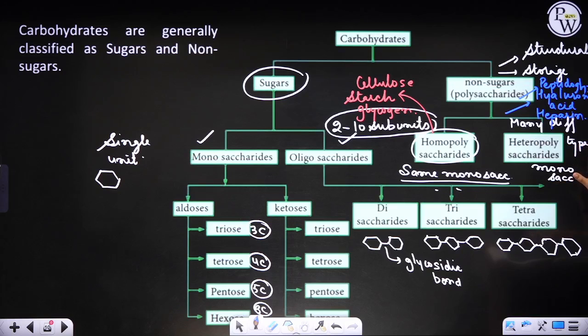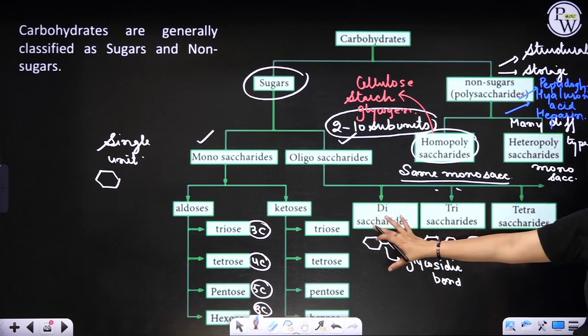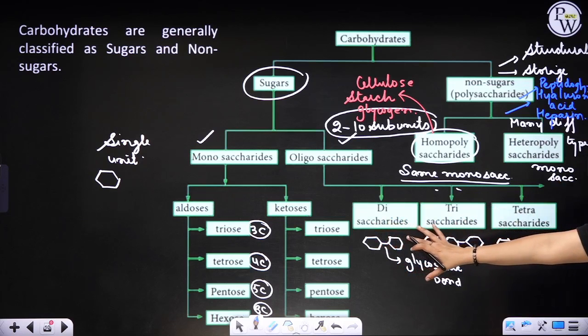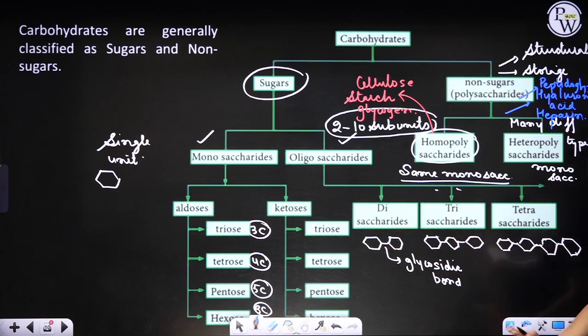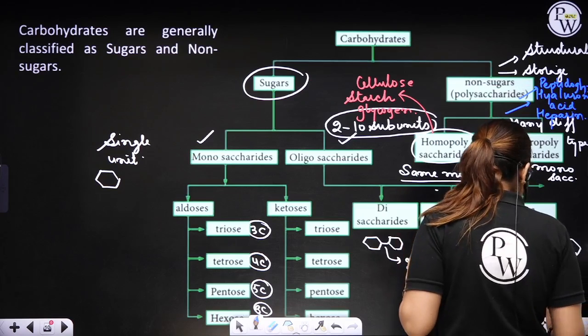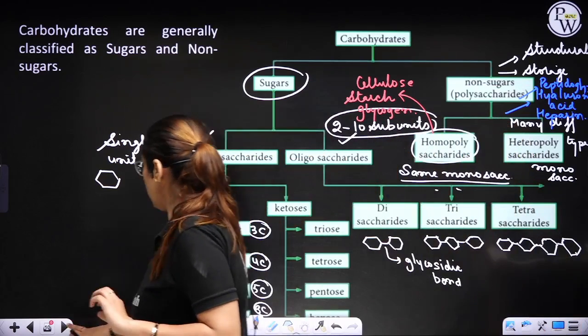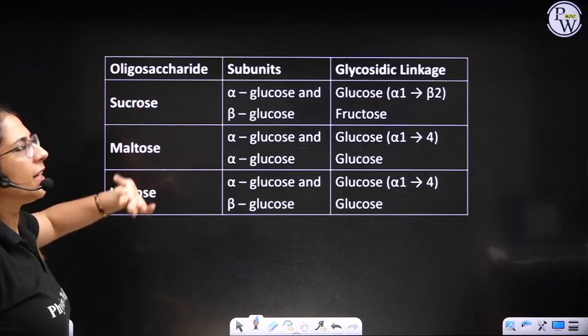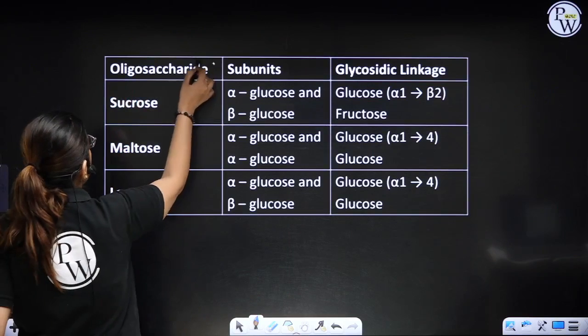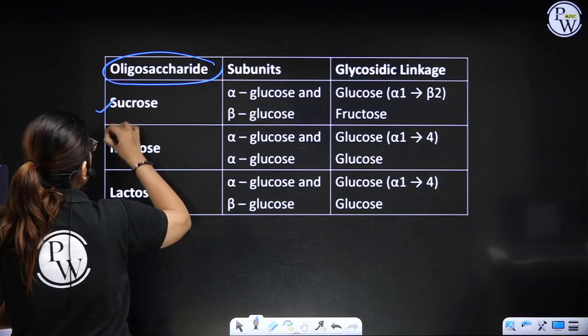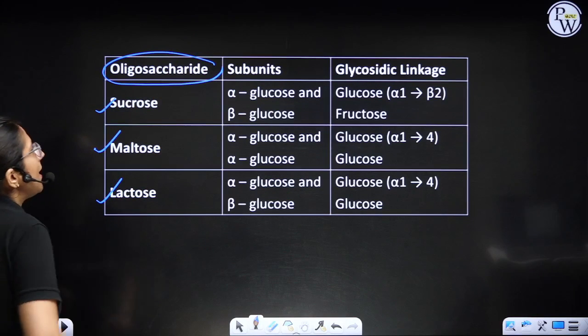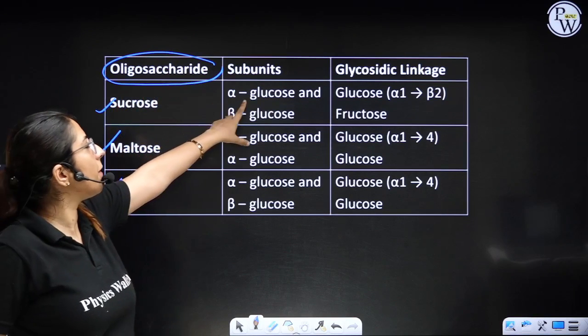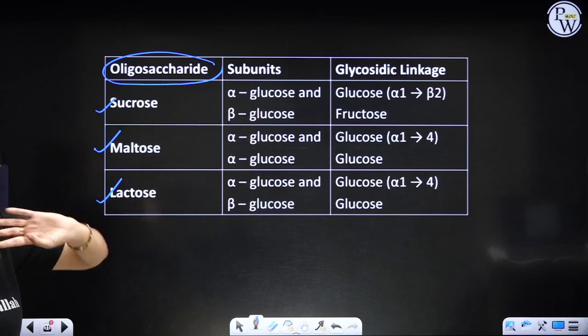So we talked about the monosaccharides, we talked about the disaccharides, and we talked about this. Now oligosaccharides. Basically, the disaccharides which are there in your syllabus are sucrose, maltose and lactose. So three examples are there. Sucrose is made up of alpha glucose and beta fructose subunits.